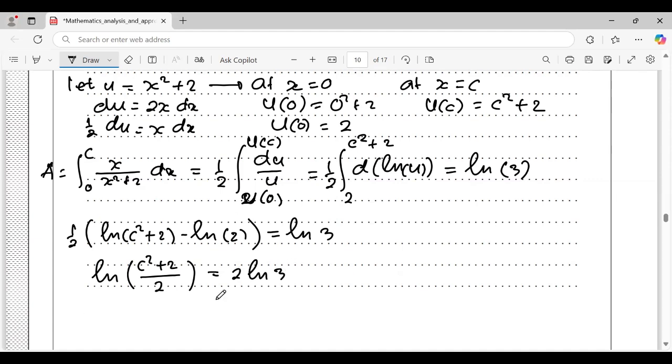Or it is ln 9 because 3 squared. So we can state that c squared plus 2 over 2 equals 9.